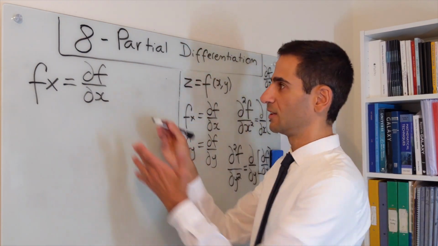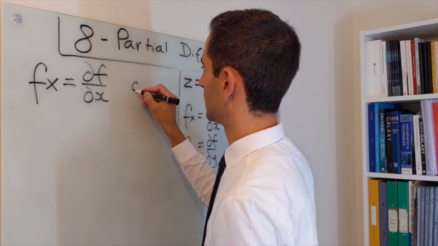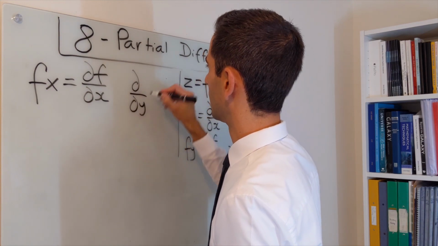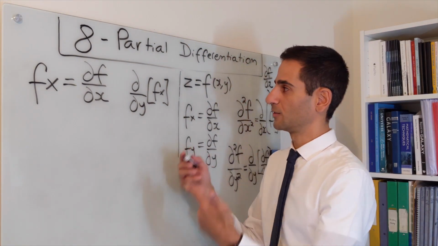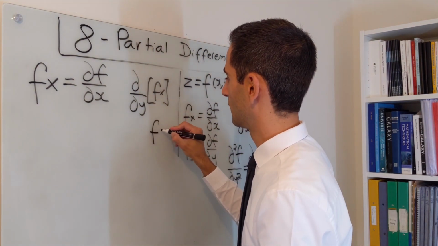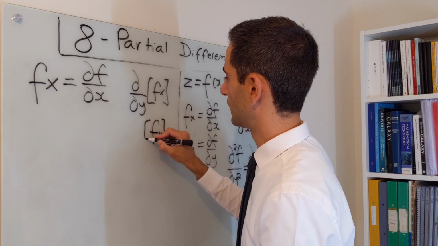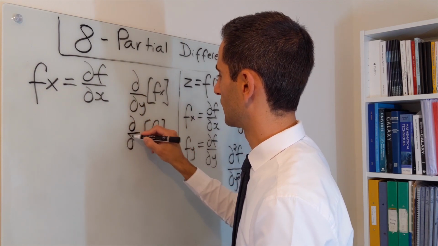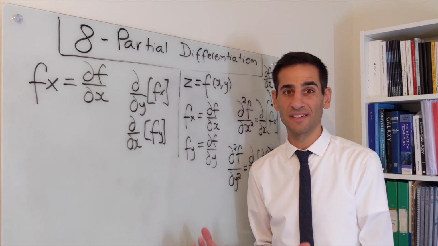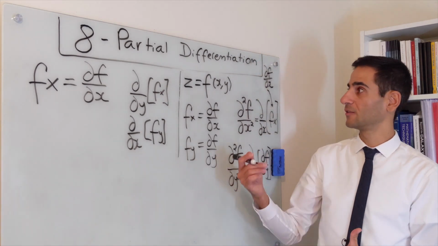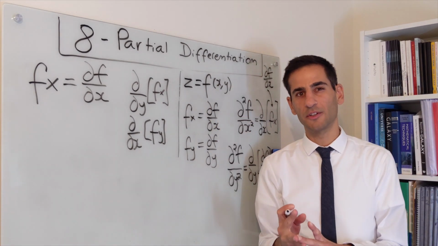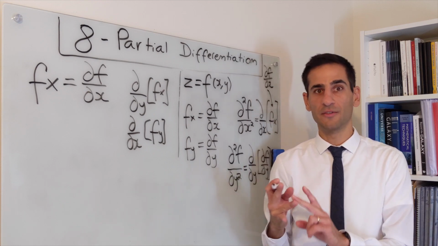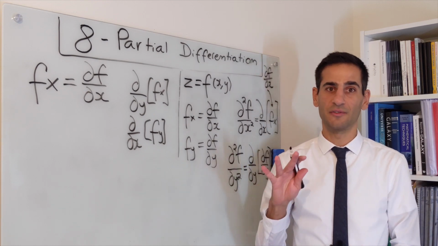What if you take this and you actually differentiate it with respect to y? You can also take f_y and differentiate it with respect to x. This implies that for partial derivatives and functions of two variables, even though we have two first order partial derivatives, for second order, there are actually four of them.